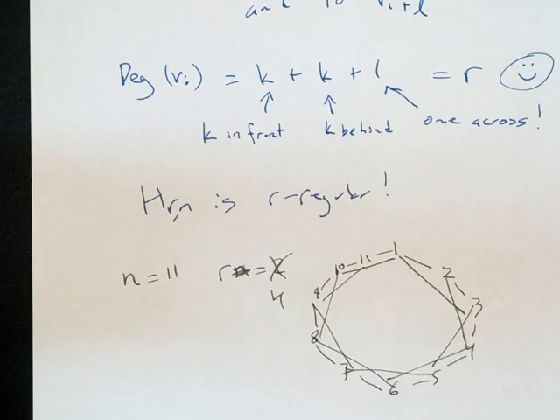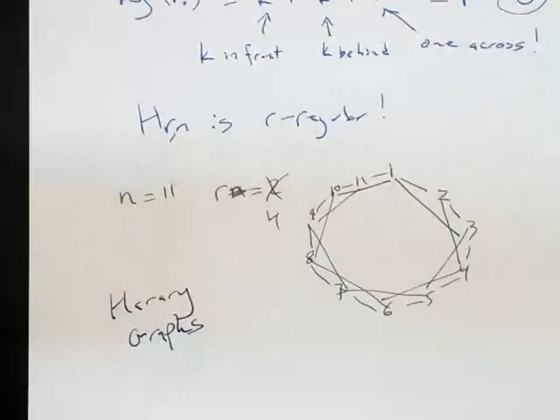Front and the 5 behind, the only thing you can do is the one directly across. Ferrari graph. Ferrari, who, by the way, wrote a book I first ever called graph enumeration, one of the pioneers of the graph theory world.